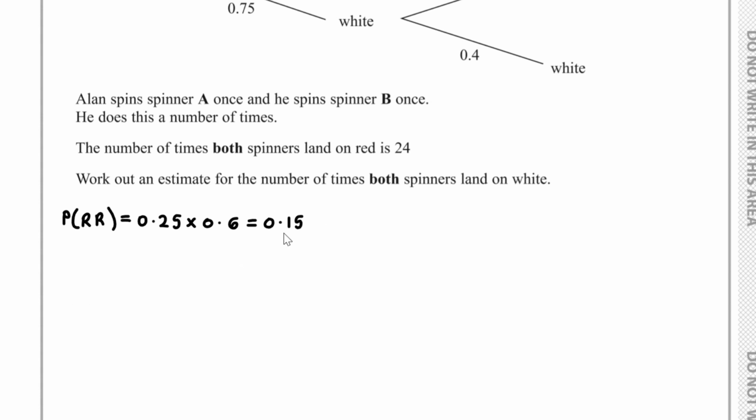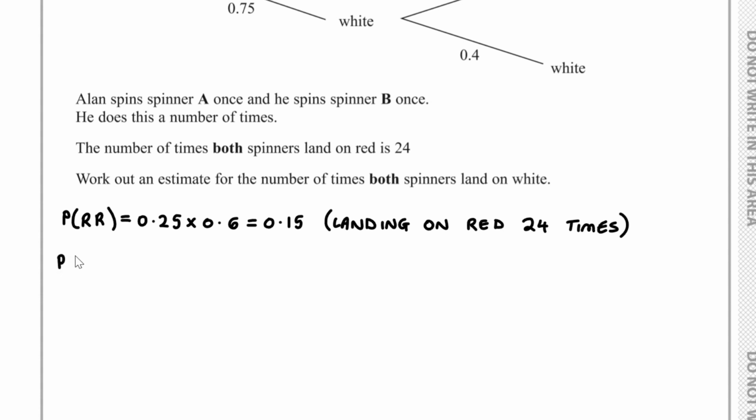So what does this 0.15 mean? Well, it means landing on a red 24 times. So it would represent landing on a red 24 times, and we want to work out an estimate for the number of times both spinners land on white.